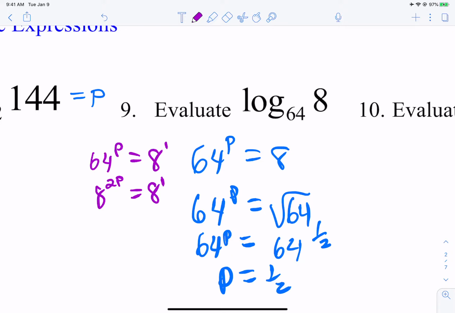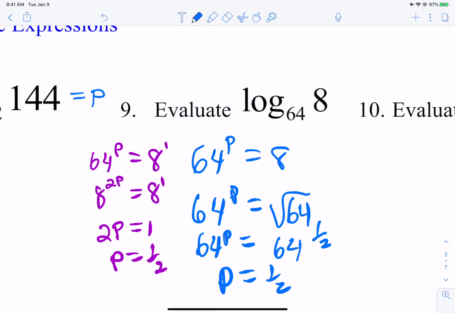It multiplies by the p, following rules of powers. And so we get that 2p would equal 1, so p is equal to 1/2. So there's multiple ways to do these problems to get a correct answer. We either had to think of how 8 relates to 64 or how 64 relates to 8. One way or the other, we had to make these match up in order for the problem to work.